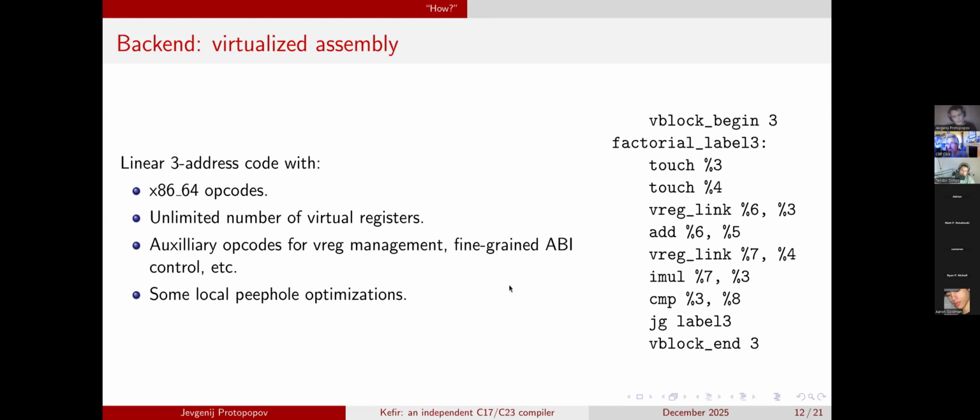But overall, most of the ABI has already been lowered at this point by the instruction selector. So this is already very close to what the actual machine is doing, apart from these virtual registers. And what is vreg link?